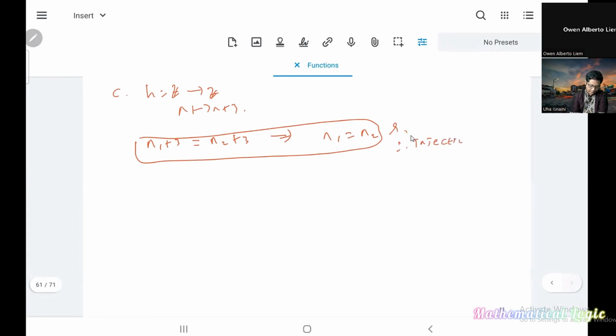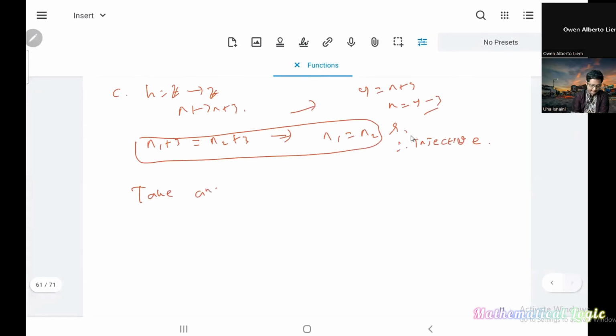So how about the surjectivity? Take any y. Basically on your scratch paper, you can do this: n plus 3, so your n is y minus 3. So y minus 3 should be okay, right, for every integer.